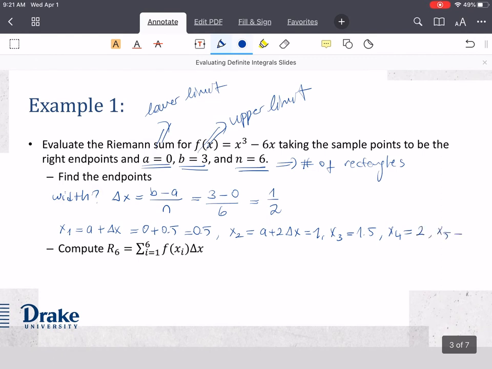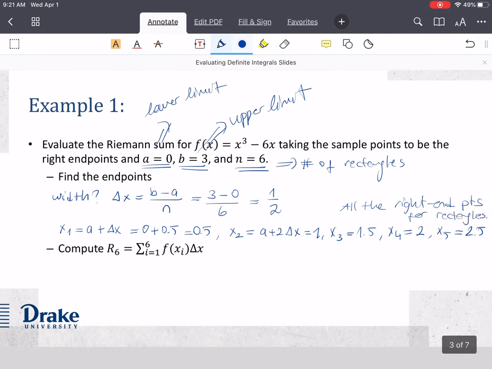And x5 equals, add another delta x, 2.5. So 5 delta x is x5. Again, these are my right endpoints, all the right endpoints for the rectangles.